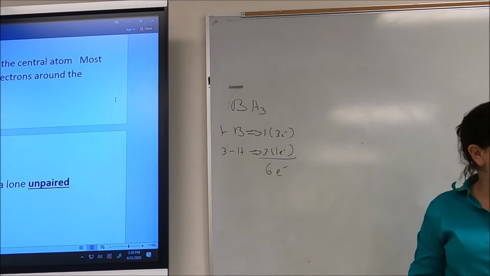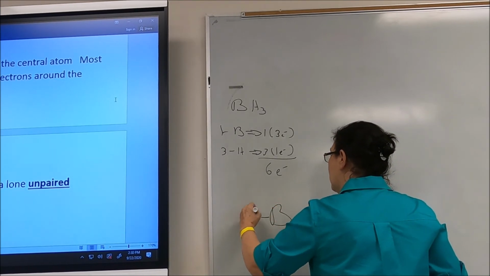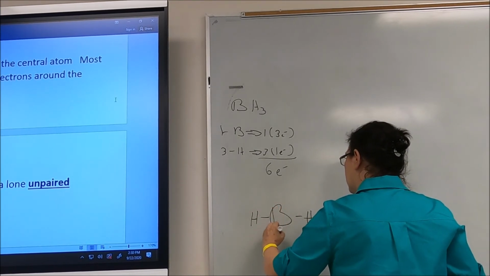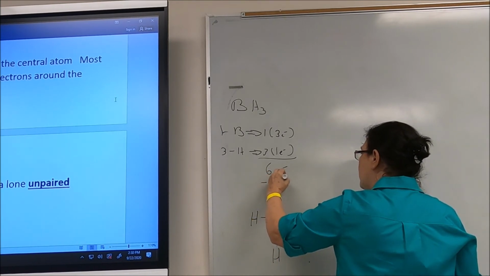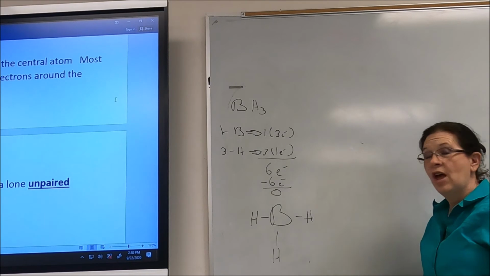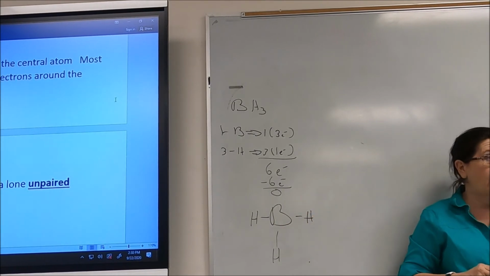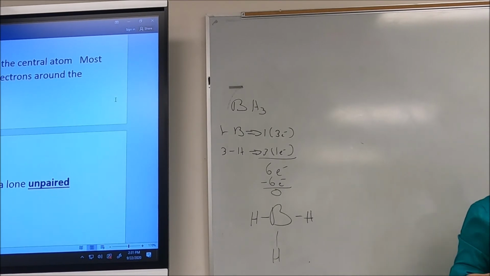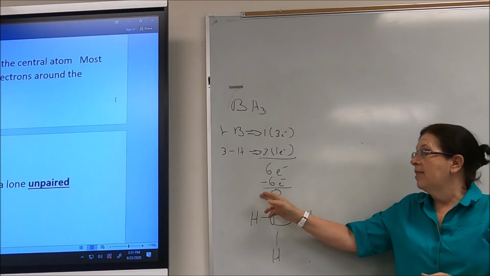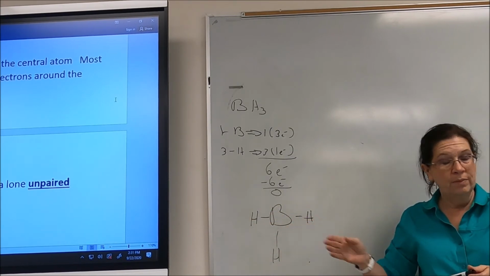There's no way to make 8 out of 6. Okay, boron goes in the middle. Single bond it to the 3 hydrogens, that uses up the 6 electrons, there's none left, and there's no way to give boron a full octet of 8 electrons. There are only 6. Okay, that makes this an electron deficient molecule.